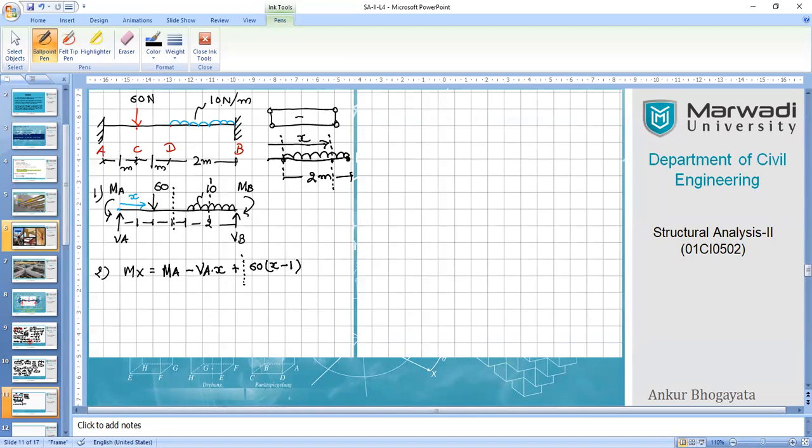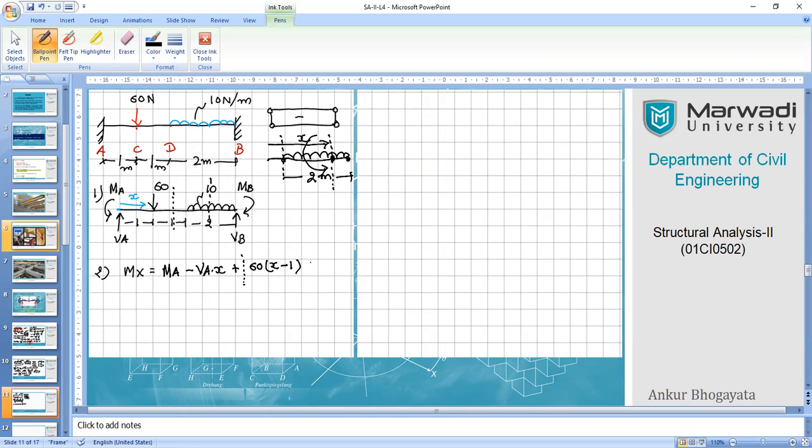This is a UDL, so we have intensity, and intensity is over the length. Intensity is 10. Length is x minus 2, because x is larger than 2. So 10 into x minus 2 is the total load, and half of x minus 2 will be the effective distance, and that will again create an anti-clockwise moment over here.